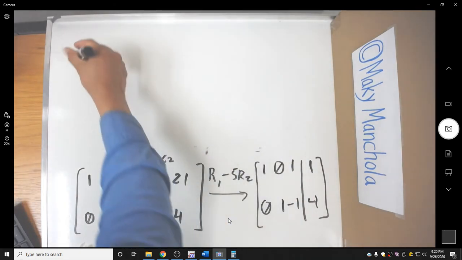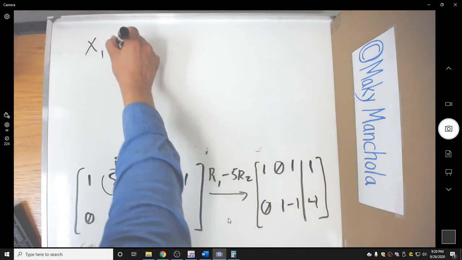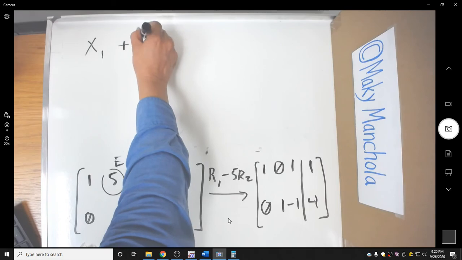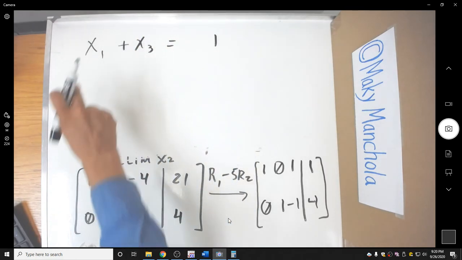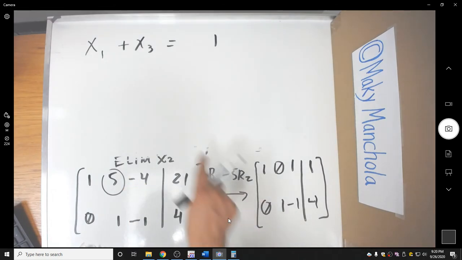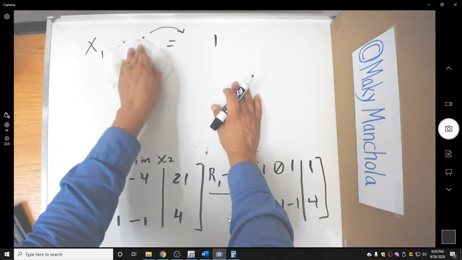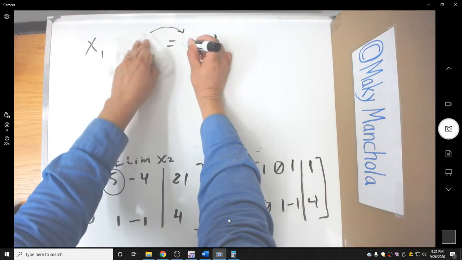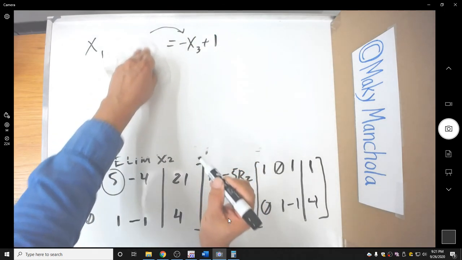Okay, so this is x1 plus x3 equals 1. Now, I want to solve for x1 and x2 in terms of x3. So here, that's the same as x1 equals negative x3 plus 1.